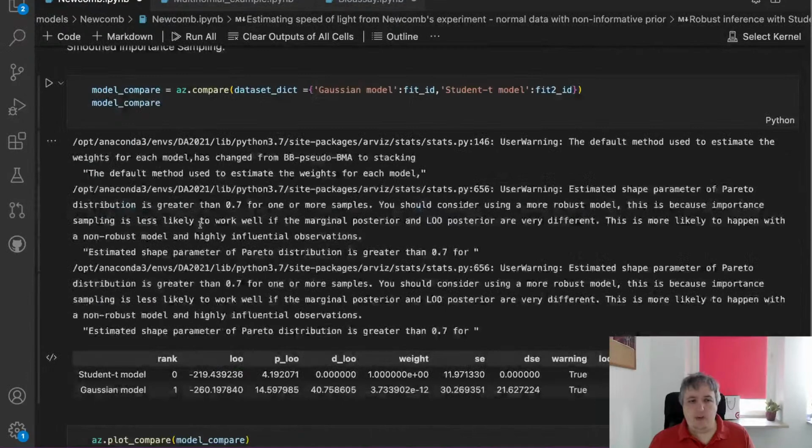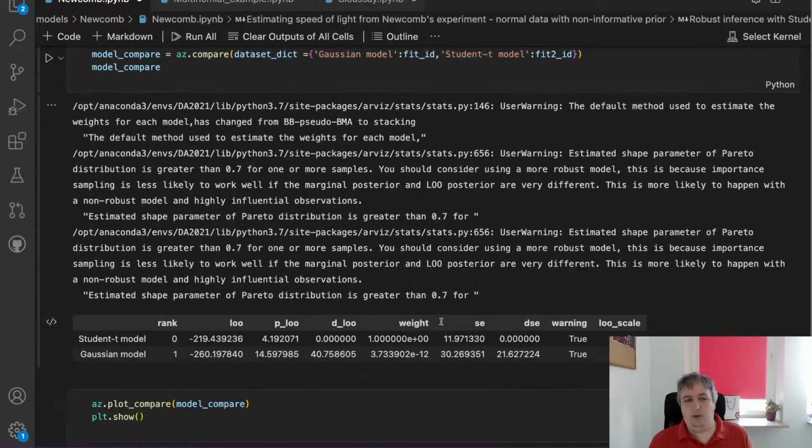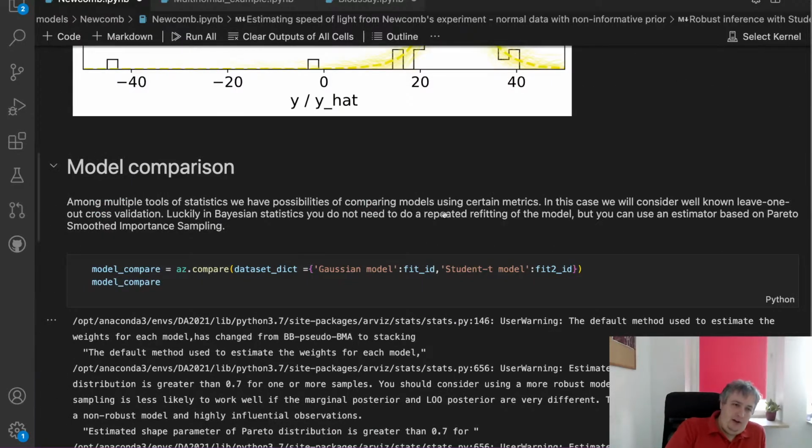And for that, we can use multiple methods of comparing the models to obtain so-called model rankings. We are using methods that are generally dedicated to estimating the model behavior outside of the sample.